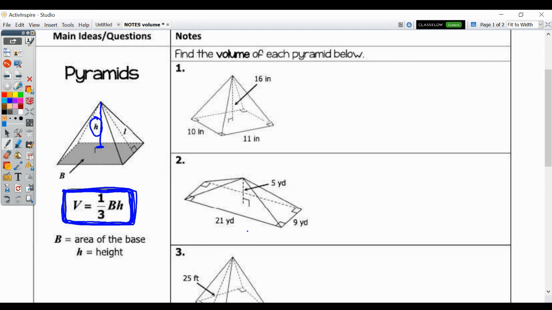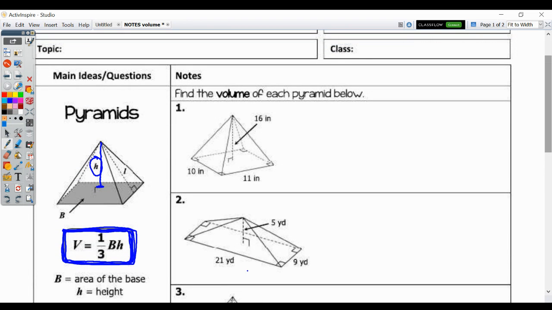Okay? All right. So let's look at number 1. If I were working this by myself, I would ask myself what type of 3D figure this is. And it's a pyramid. So I would look at my reference sheet, or if I had it memorized, I would write down the formula for volume of a pyramid. And that's volume equals 1/3 times capital B times H. My capital B is the area of my base.